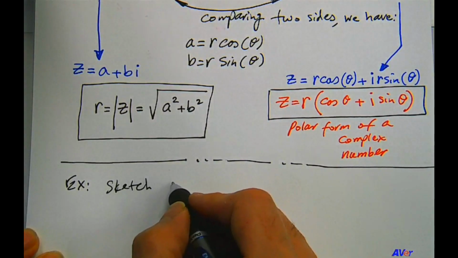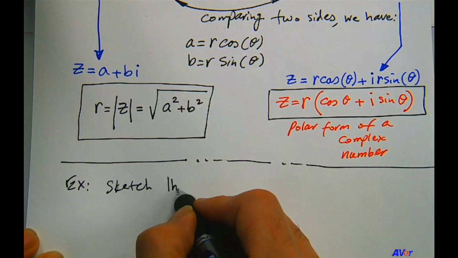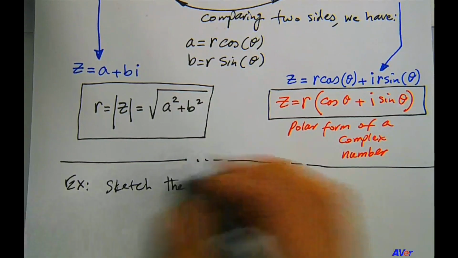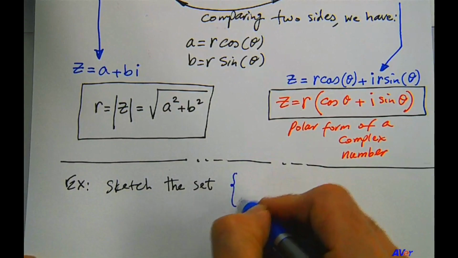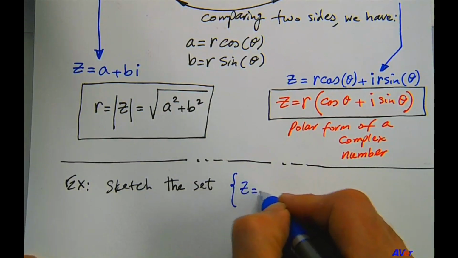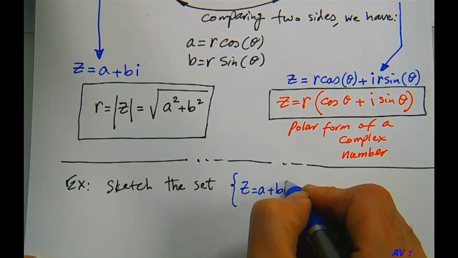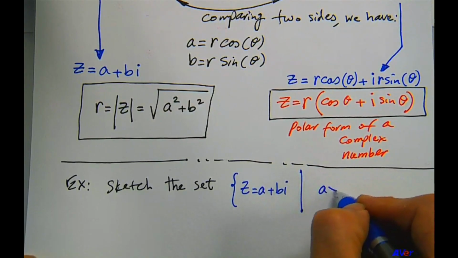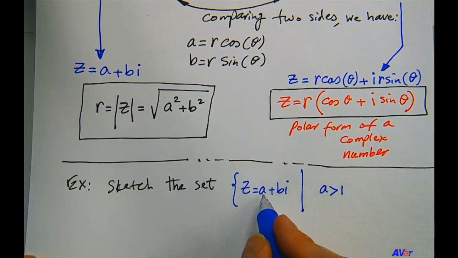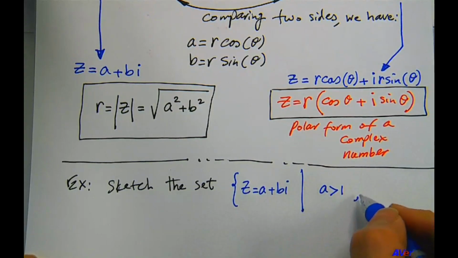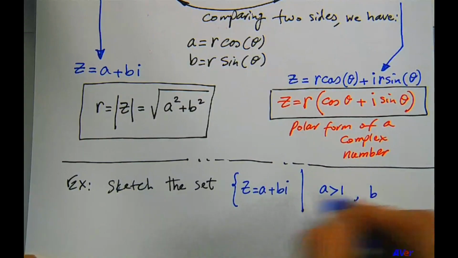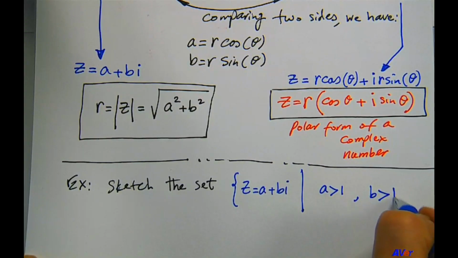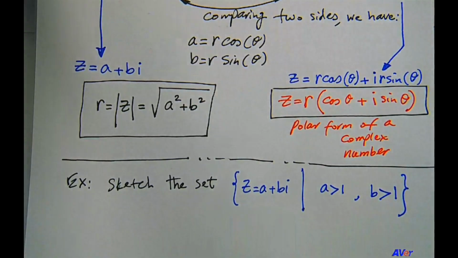We want to sketch this set, z equals a plus bi, such that a is greater than 1, that's the real part, and b, that's the imaginary part, is greater than 1.